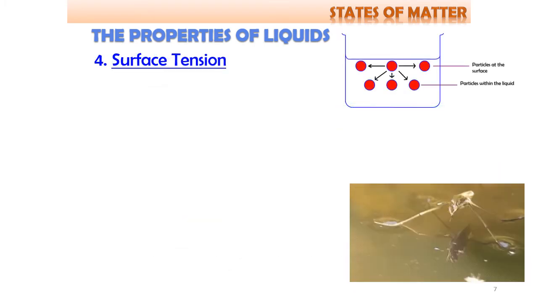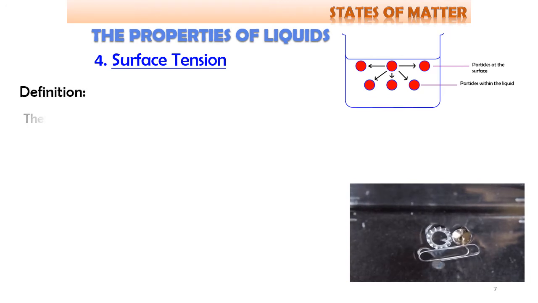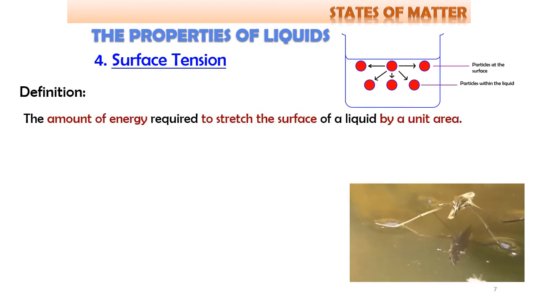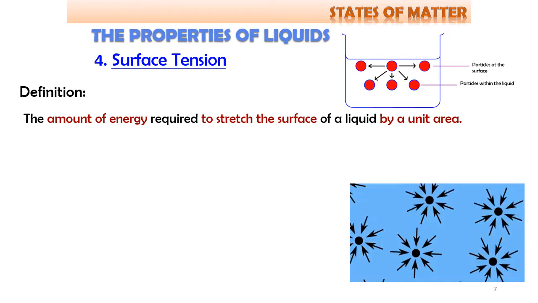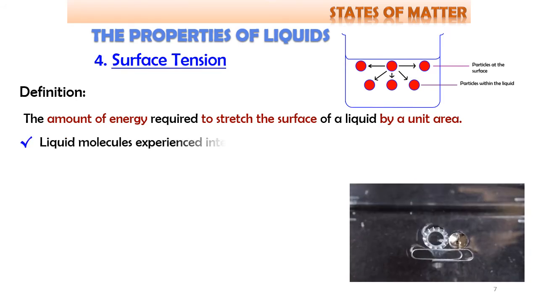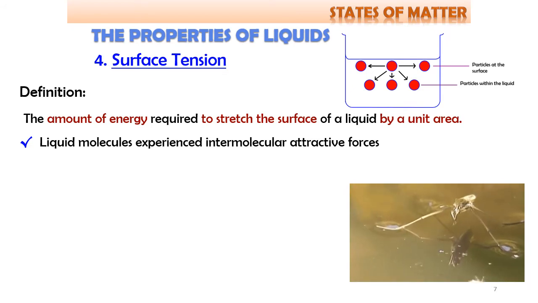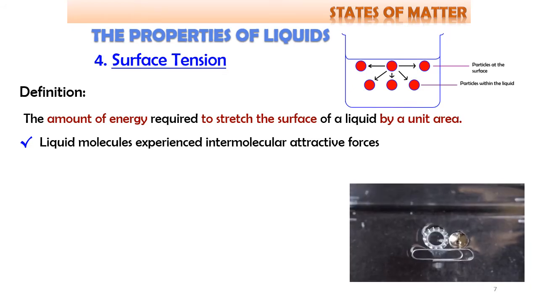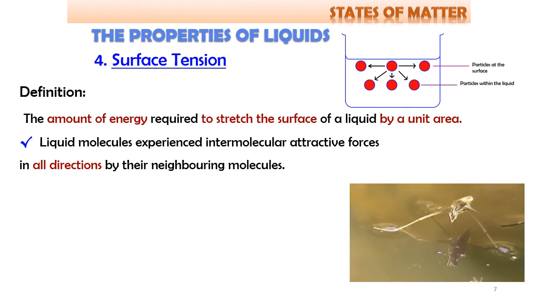Next is surface tension. It is defined as the amount of energy needed to stretch the surface of a liquid by unit area. So it means there will be a pull between the molecules. The liquid molecule will experience intermolecular attractive forces between them in all directions by the neighboring molecules.